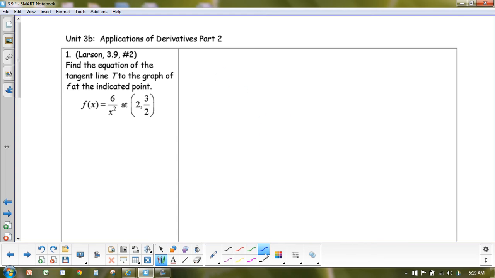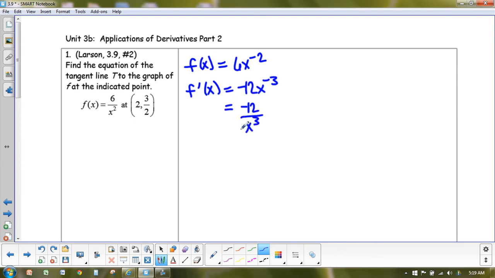I need the slope at the point they're telling me, so I need f prime of 2. So f prime of 2 is negative 12 over 2 cubed, so 8. So negative 12 over 8, and I can reduce that down to negative 3 over 2. So this is my slope, and then my point is 2 comma 3 halves.